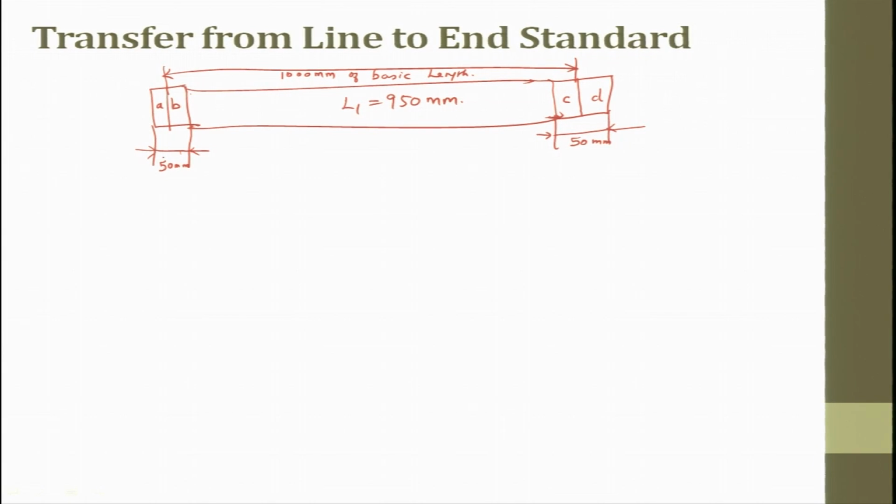Now see, if there is a small error, how can there be an error? Suppose I magnify, I take A block and B block, which is supposed to be 50. I take C and D, which is also supposed to be 50.